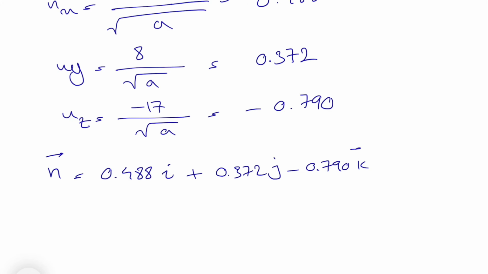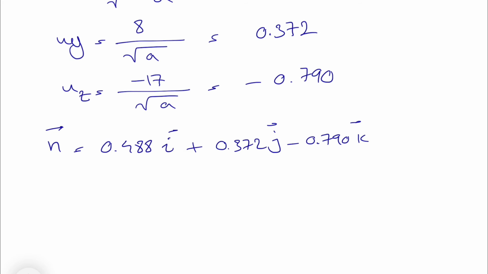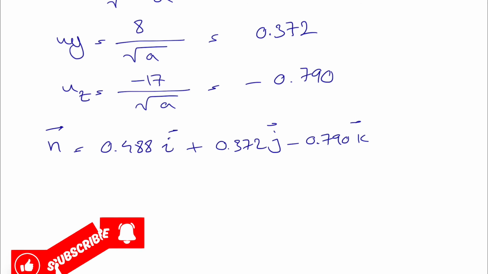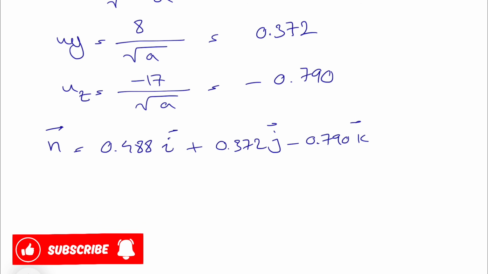If you want to show it in vector form, we simply have each of these components, which is 0.488i plus 0.372j minus 0.790k. So that's our unit vector.